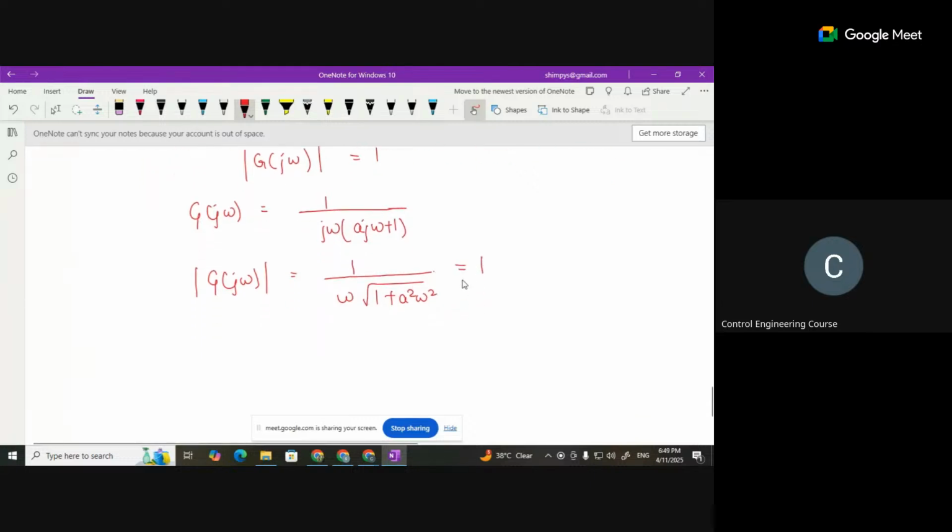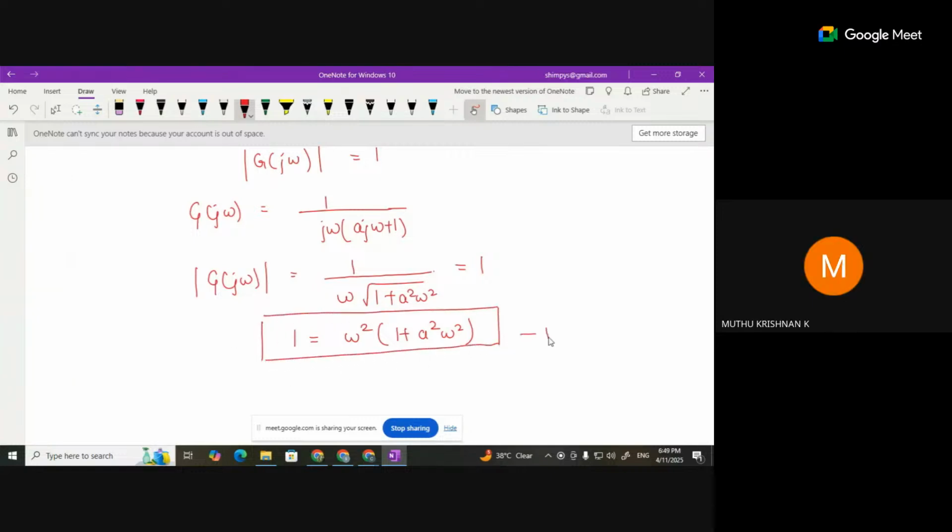Fine. So on squaring both sides, can I write this as 1 equals omega square into (1 plus A square omega square)? Can I write it like this? Are you getting it?